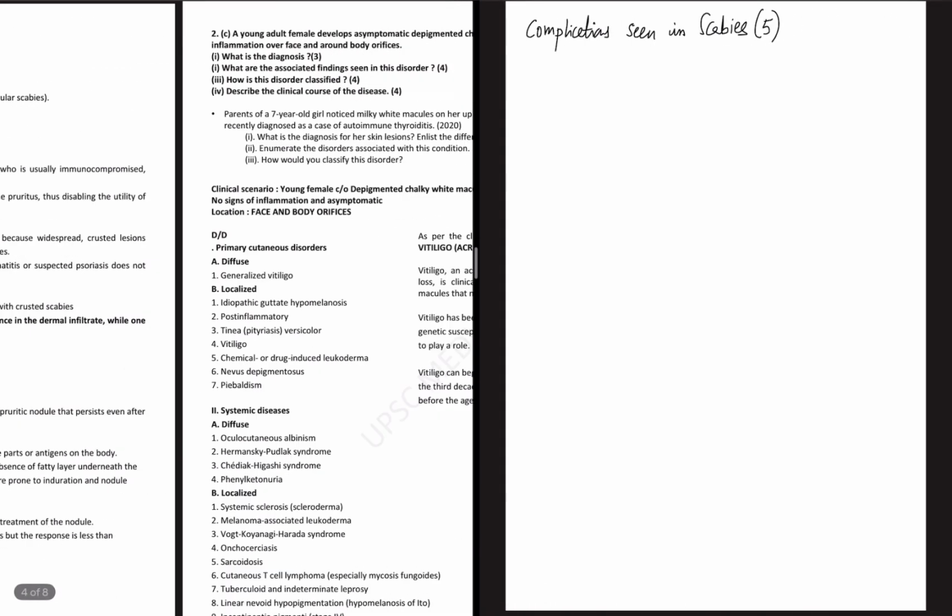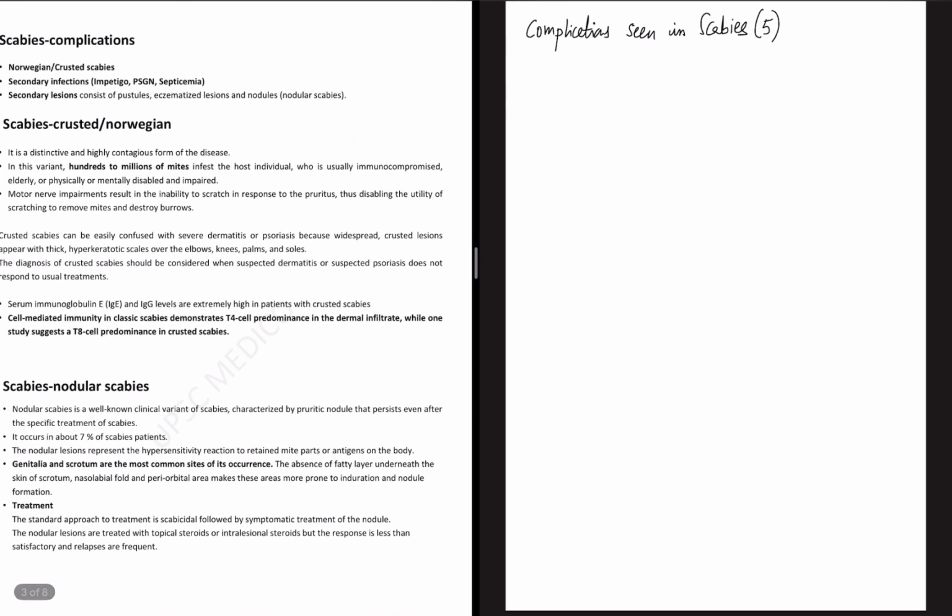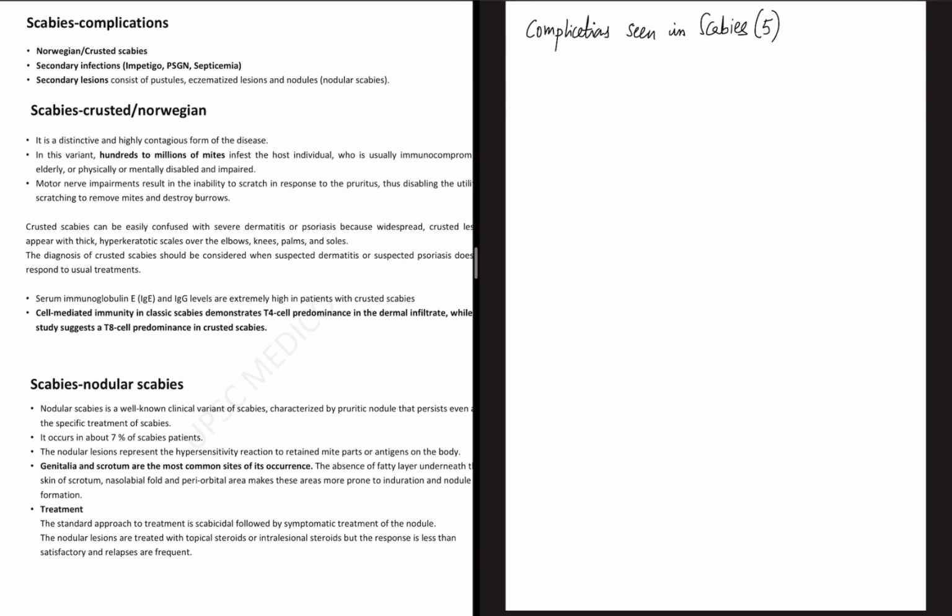Now complications are a little tricky. If you see a case of scabies, it will cause chronic itching, but sometimes in immunocompromised individuals, this can turn into Norwegian scabies, which is a complication. Norwegian scabies is also called crusted scabies.